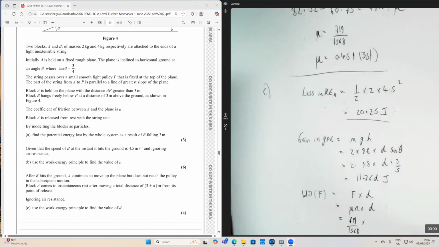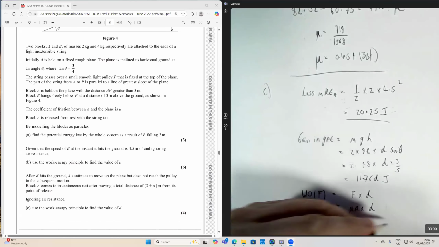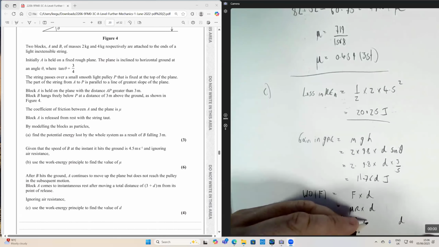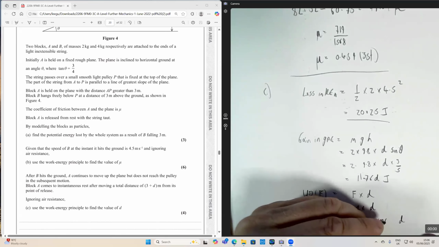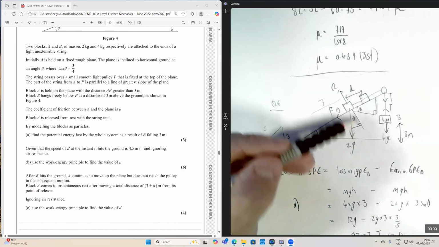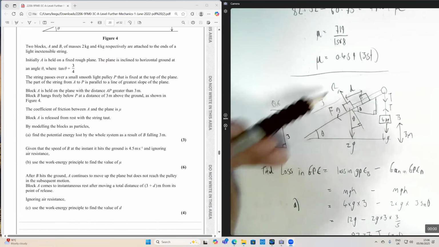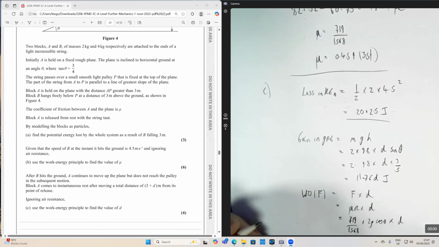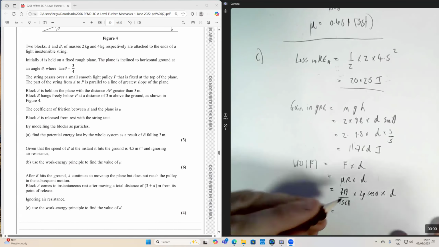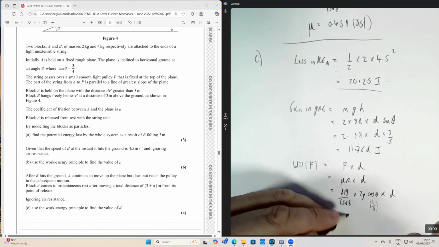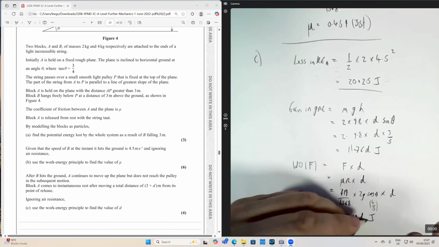Work done is equal to force times the distance traveled, and the distance traveled is just d, and our R is 2g cos theta. Remember, for R, we needed to resolve perpendicular to the plane, so that was where our R came from earlier in the question. And we know that cos theta is equal to 4/5. We sub all of that in, and we find out that that is 7.19 d joules.